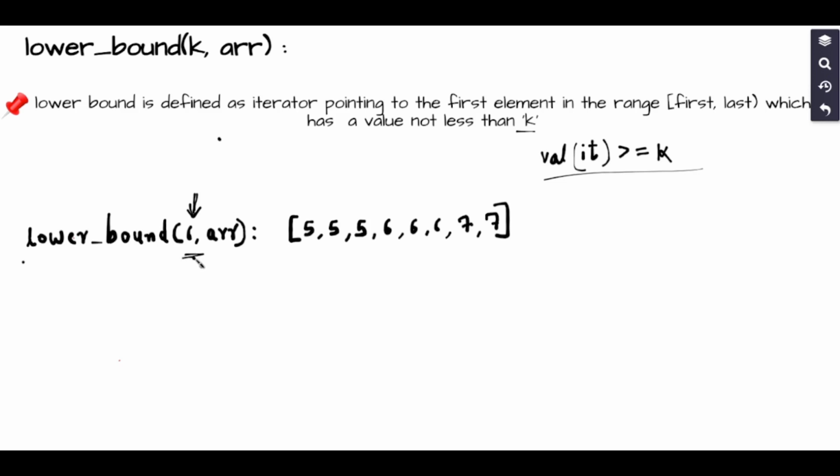That means it is either equal to 6 or it is greater than 6. So it can be equal to 6. So what is that position? In this array we can see that the very first element which satisfies this constraint is this, because 6 is the first element in this sorted array which is either greater than or equal to 6.